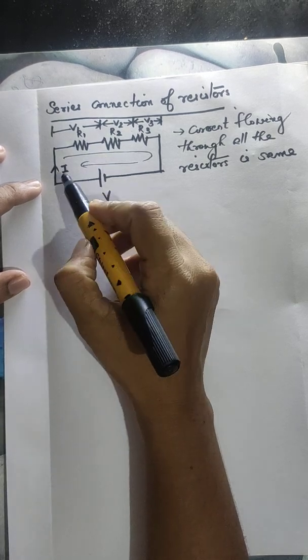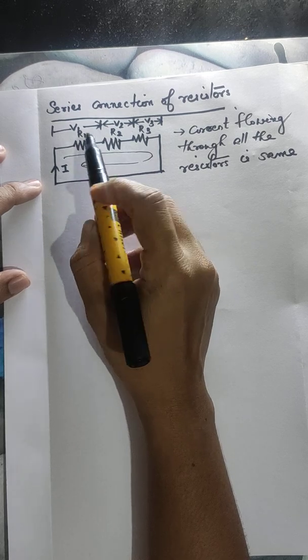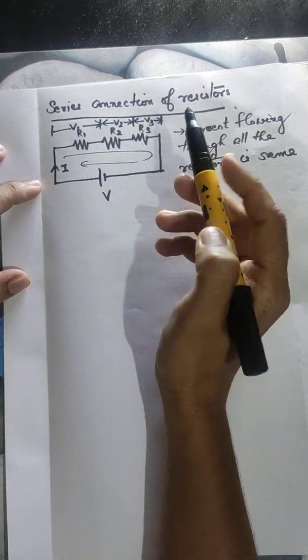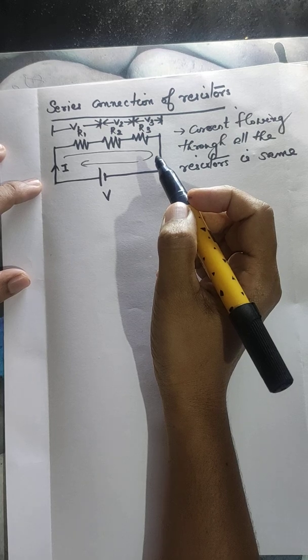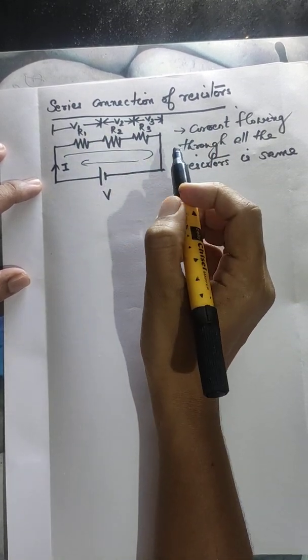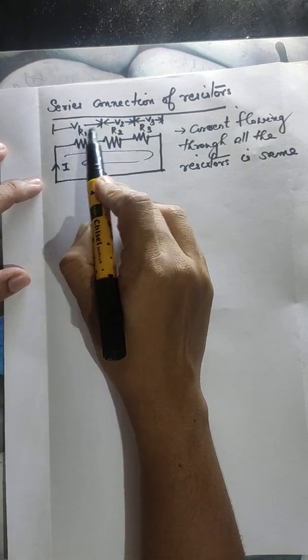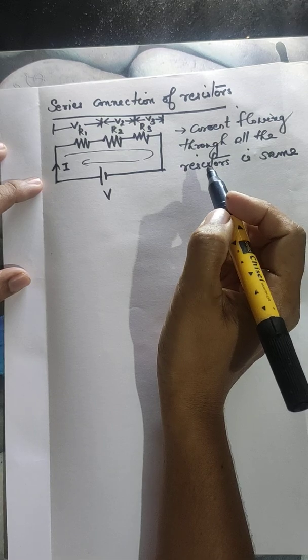We know when a current is flowing through a resistor or a conductor, a potential difference will appear across the terminals of that conductor. So across each of the resistors there will be a potential difference or voltage, and they are marked as V1, V2 and V3.